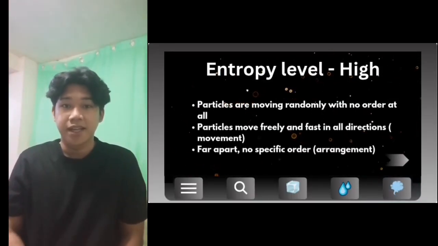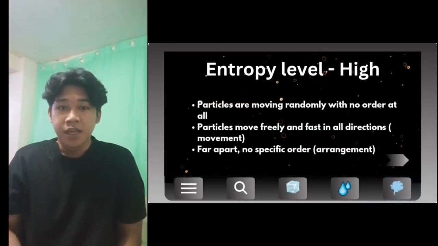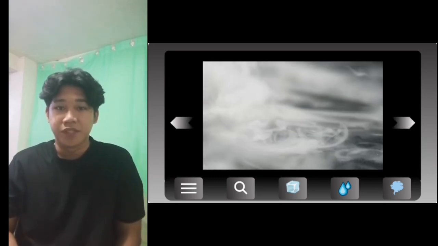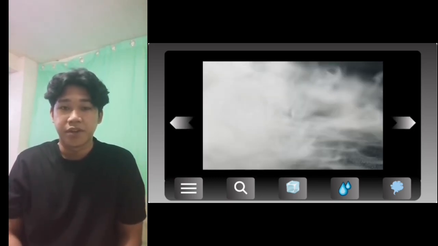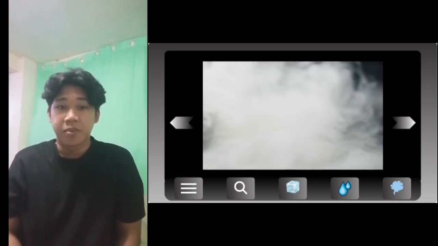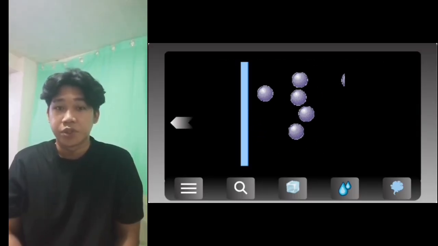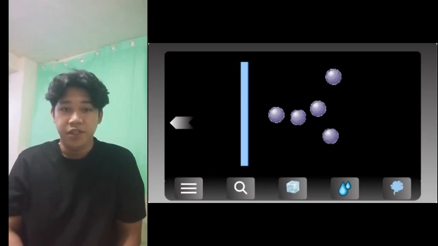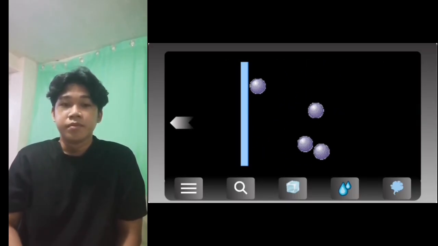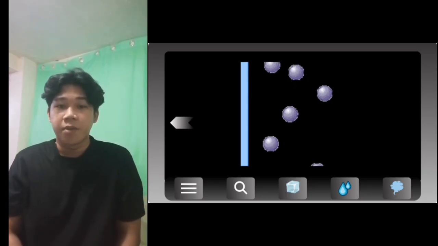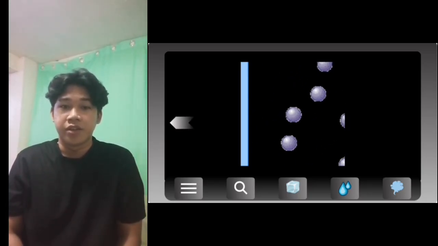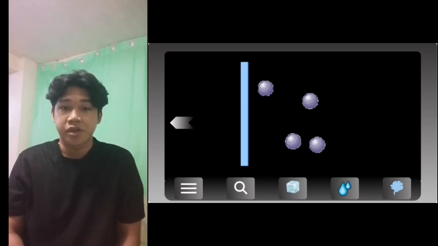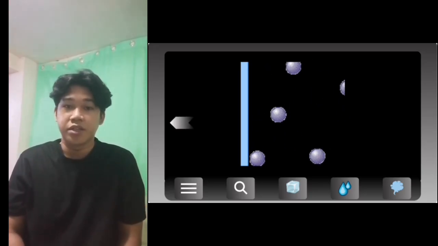Let's talk about high entropy. In this state, particles are moving randomly with no order at all. They move freely and rapidly in all directions, which means there's a lot of energy and motion involved. These particles are far apart from each other, and there's no specific arrangement or structure to how they are spaced.